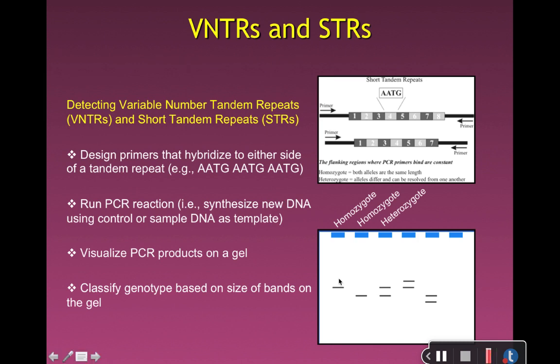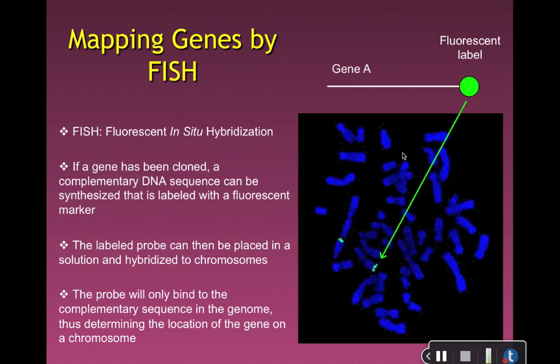So again, you can run PCR, and you can identify, for example, homozygotes and heterozygotes just based on the number of banding patterns that you get, and that identifies the approximate size of those pieces of DNA. So again, those can be used as molecular markers as well.